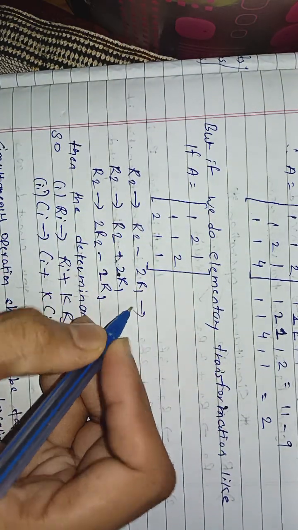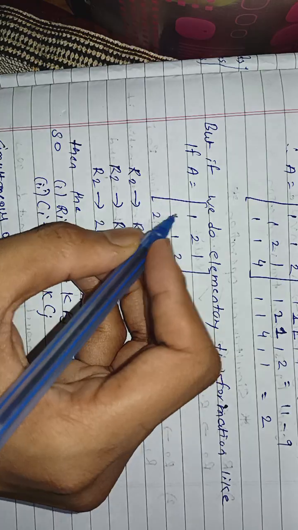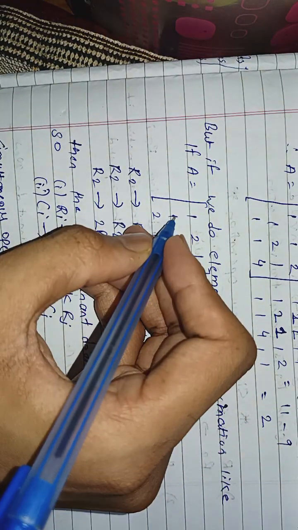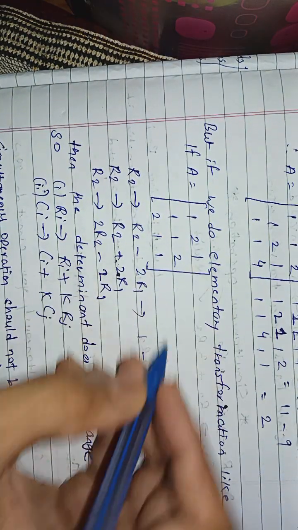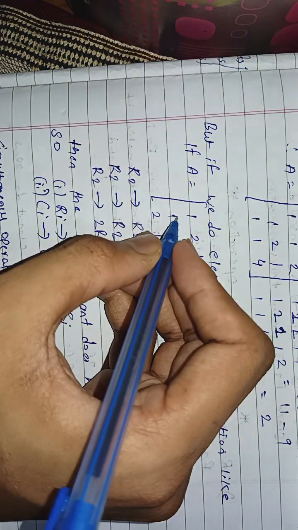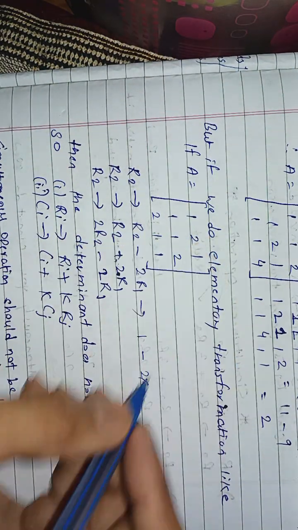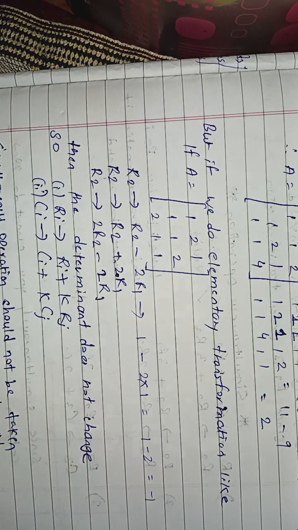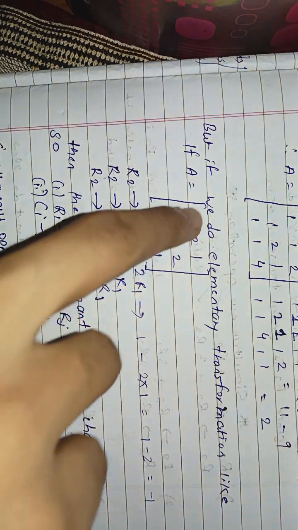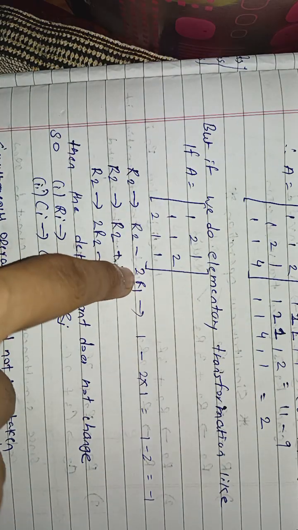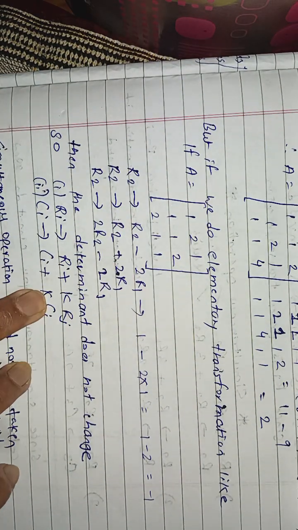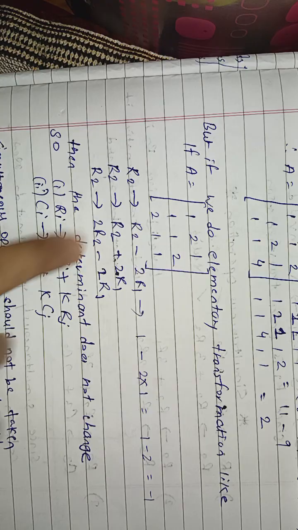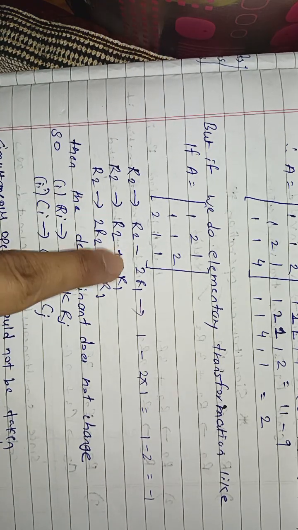Take one element of R2, 1, minus 2 into the element above it. The R1 element is 1, so 1 minus 2 is minus 1. If I do these transformations, the determinant will not change. The value will not change even by doing this transformation.